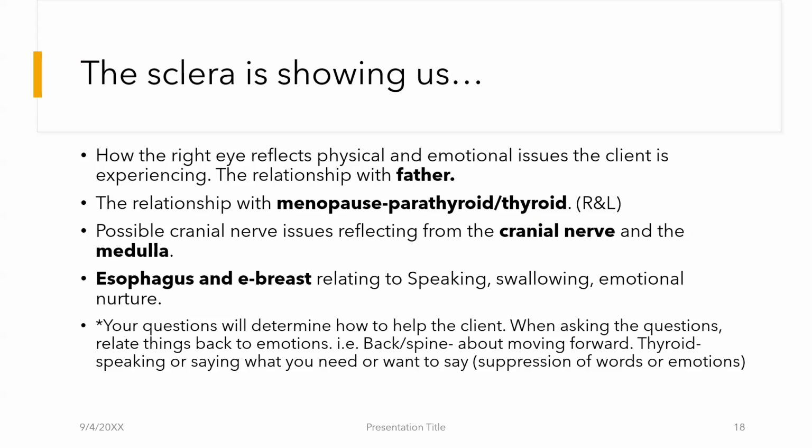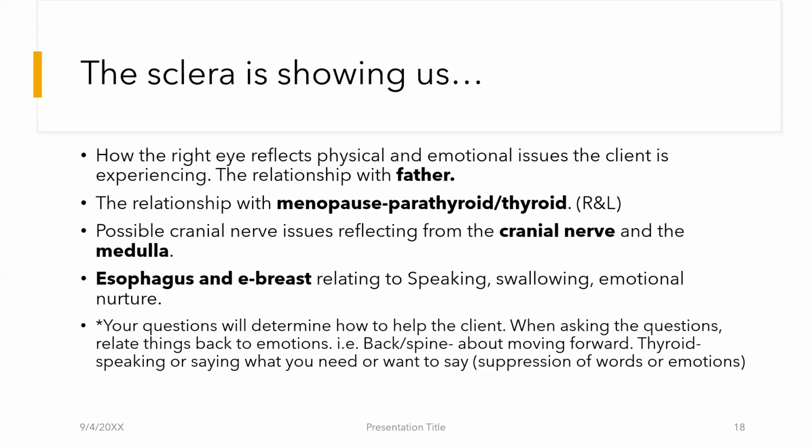Possible cranial nerve issues, reflecting from the cranial nerve itself and then the medulla. So we'd want to follow up on that. The esophagus and the emotional breast is related to speaking, to swallowing because of that esophagus, and emotional nurture. We're going to go back to nurture.